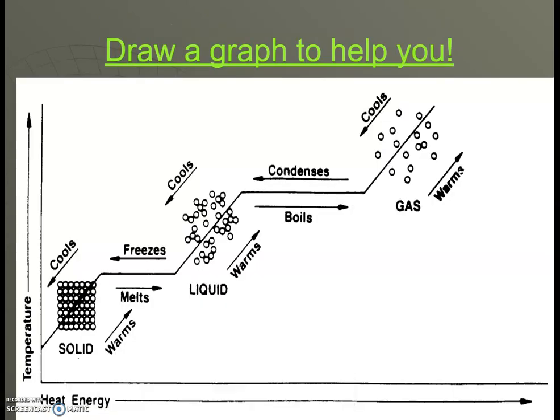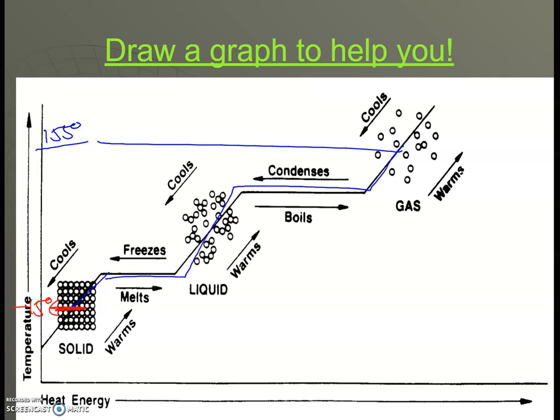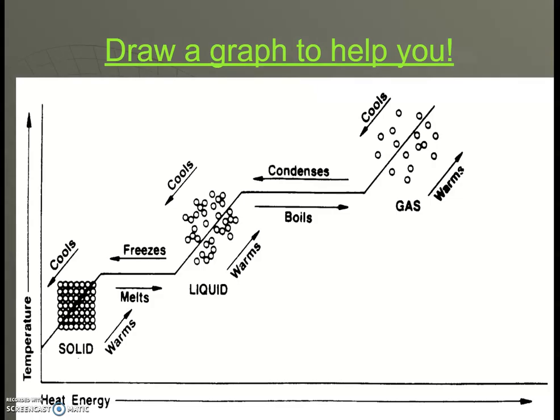So again, we are starting here at negative 15 degrees Celsius, and we are ending up here at 155 degrees Celsius, and we have to get through all 5 of those parts.